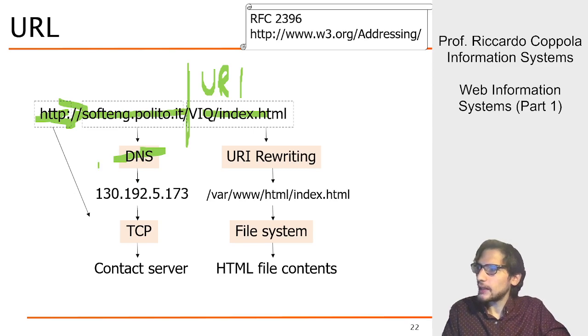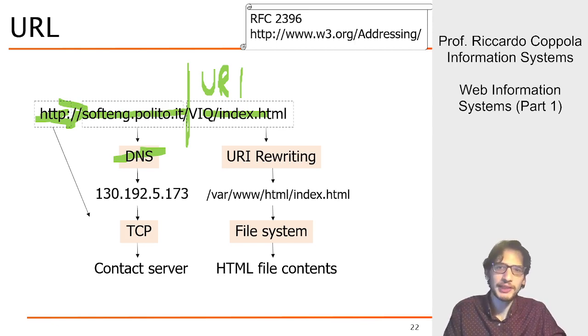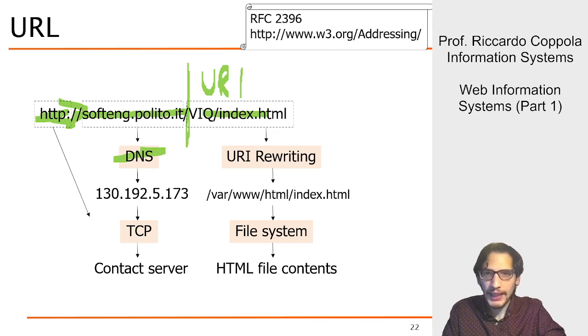So when I write down softbank.polito.it, this is just a name with letters and words that is easy to use for humans. But when I have to contact a node on the internet, I need to use numbers, because my IP address is made of 4 different integer numbers separated by dots.